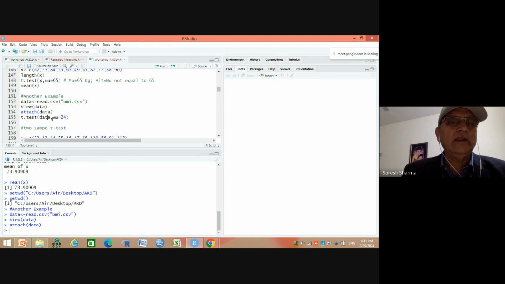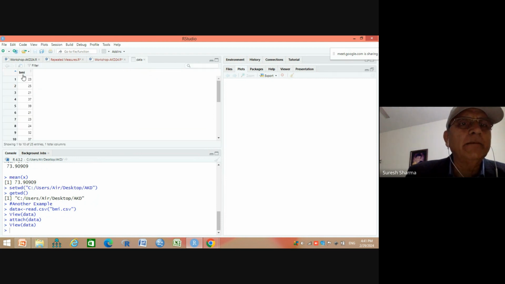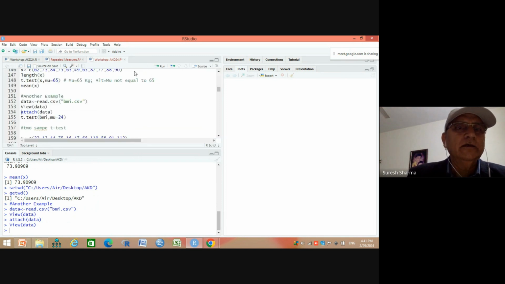And the value should not be data, it should be BMI. Let me see what this is. It is small bmi. If it were capital BMI, you would have to write capital BMI. So that's why I need to look at it.